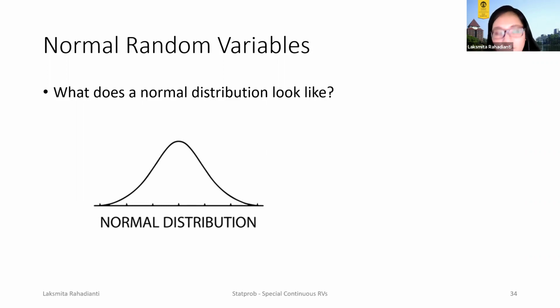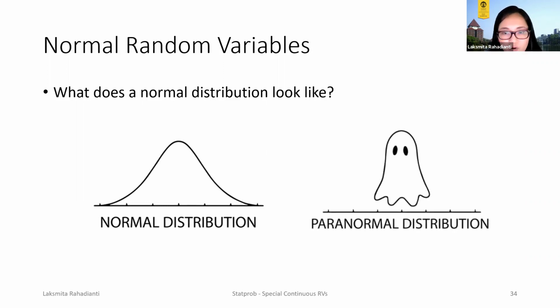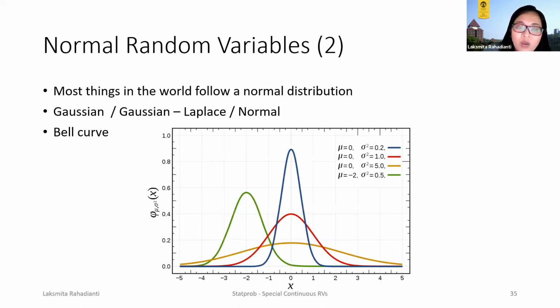It's also called Gaussian distribution and so forth. Not to be confused with the paranormal distribution. So these are other words. If you go and look up some example questions or other material, in normal random variable questions, a lot of the time the terms normal, Gaussian, and bell curve are used interchangeably.